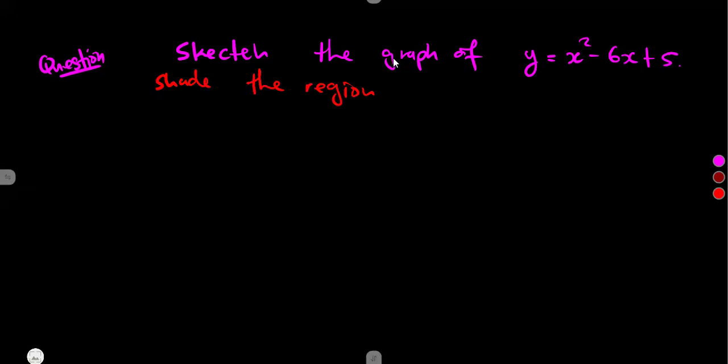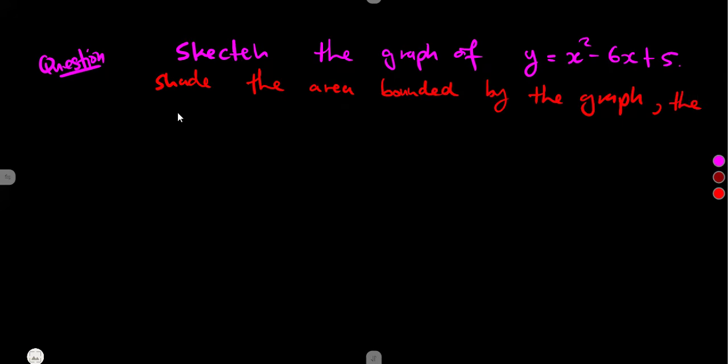Shade the region. All right, no problem. I don't know why I read this question the way I want, but I'm forgetting that I'm using another source. So anyway, let me take the way that they are asking this question. This is bounded by the graph, the x-axis, the line x is equal to 7 and x is equal to 3.